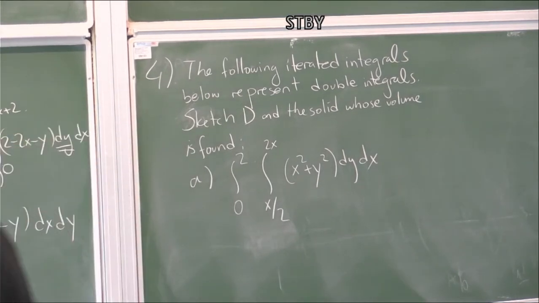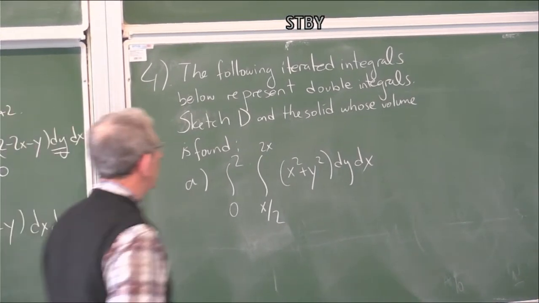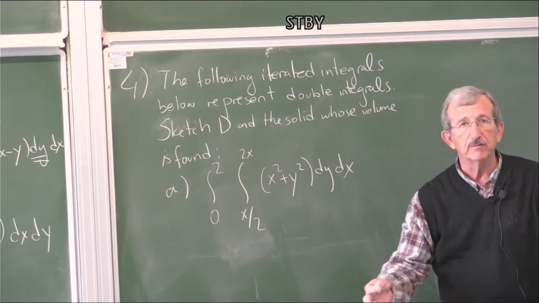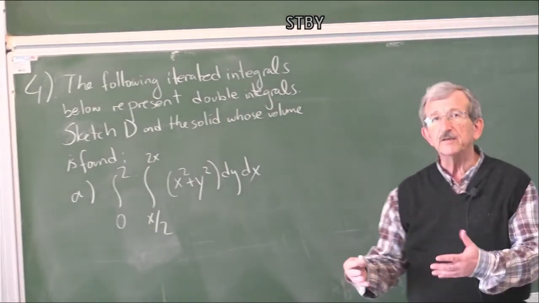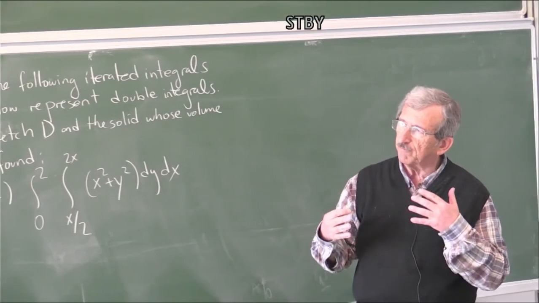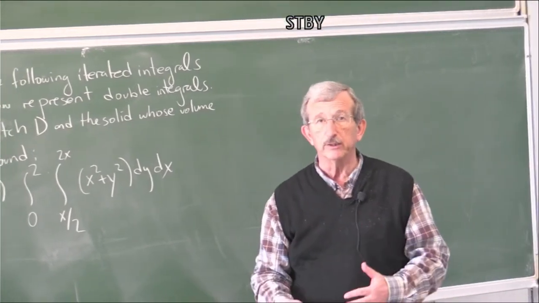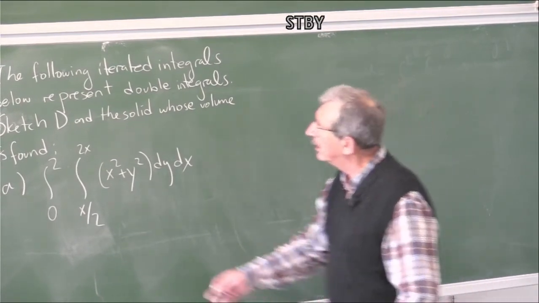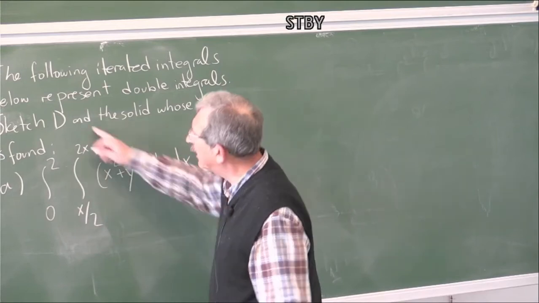Now, in this example, firstly, clearly the function is positive. So if it's a double integral, it represents the volume of some solid. Now, to get what it is, we have to sketch D here.